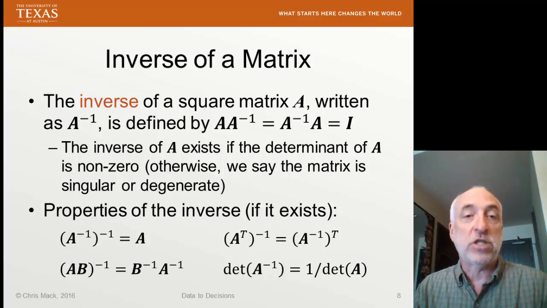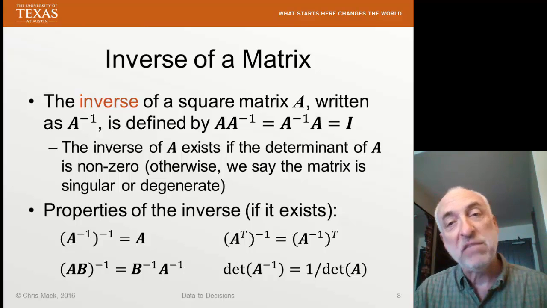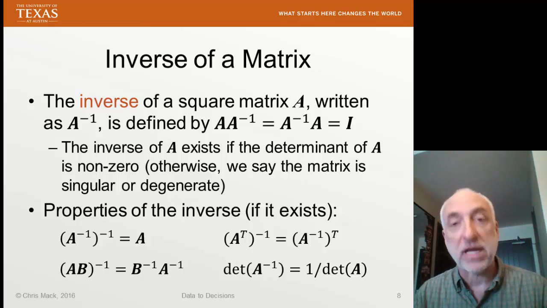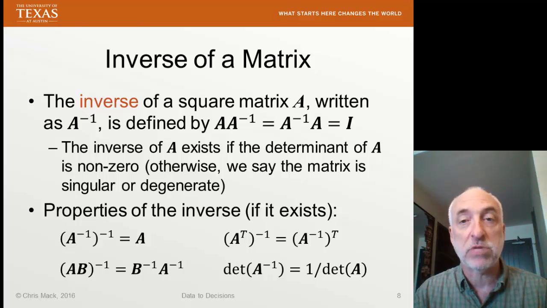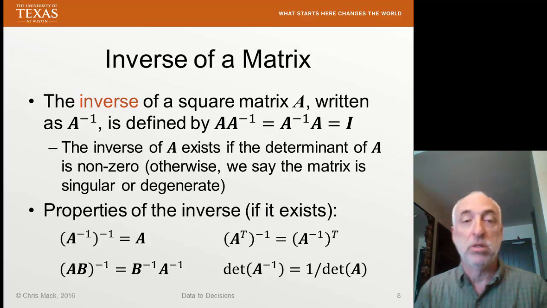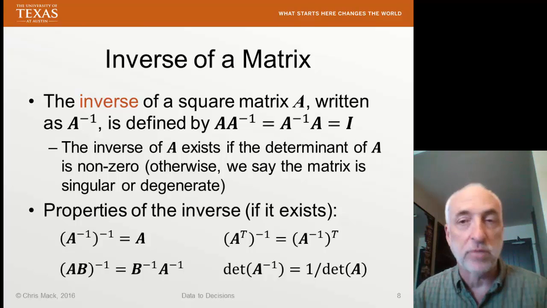We're going to use the determinant in just a moment because it's very important to be able to take the inverse of a square matrix when doing regression. In fact, if we can't take the inverse of a square matrix, then we can't do a regression in the matrix formulation that we've used in the last lecture.